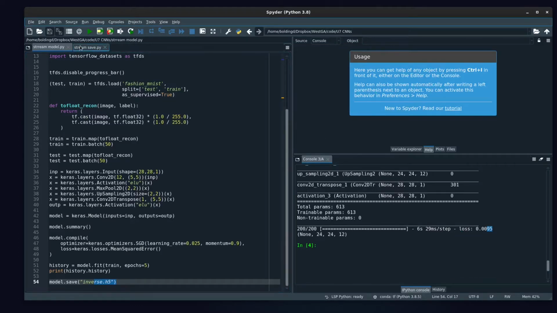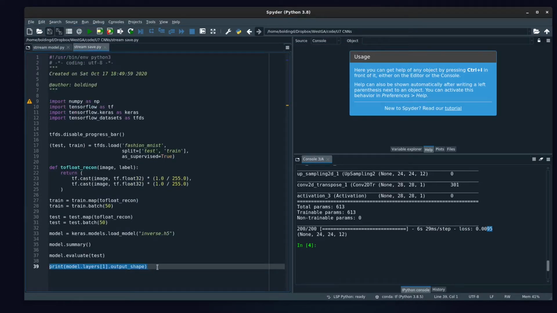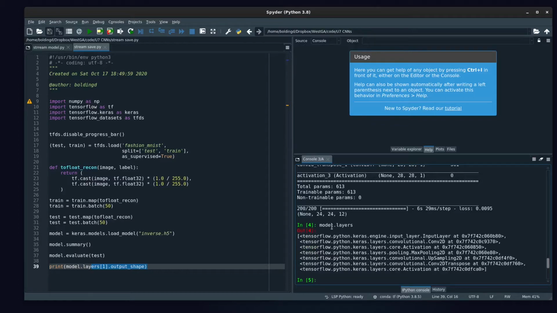And then, to top it all off, we pick randomly layer 1 and look at the shape of it, and there we go. In theory we can type model.layers, and there are all of our layers in a list.